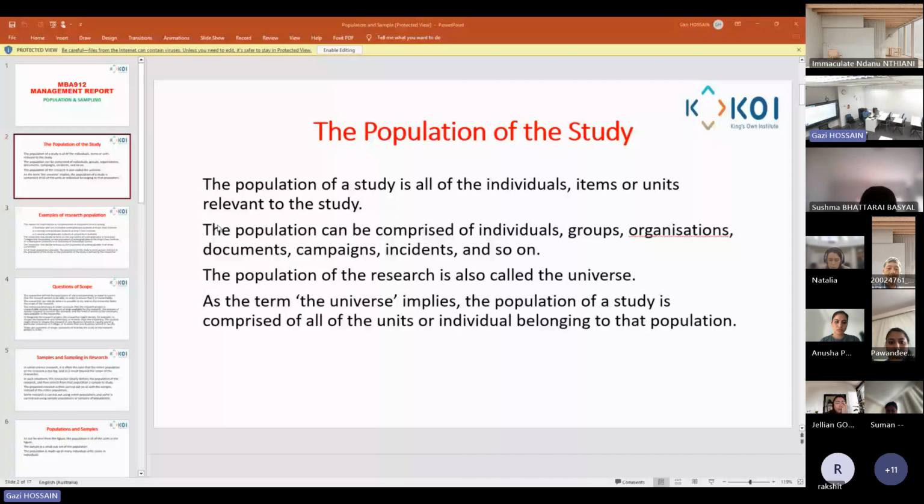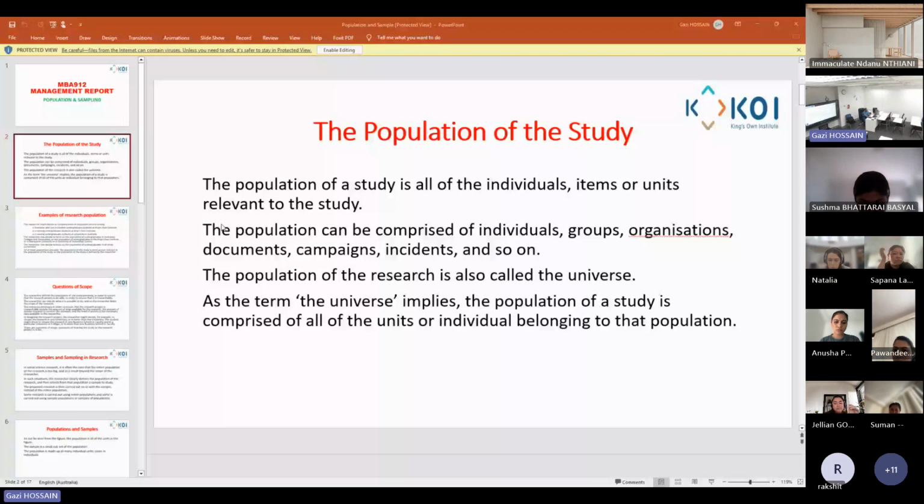For example, sometimes the population can be international students, sometimes bank managers, sometimes mining employees, sometimes customers, and sometimes a combination of some of them.